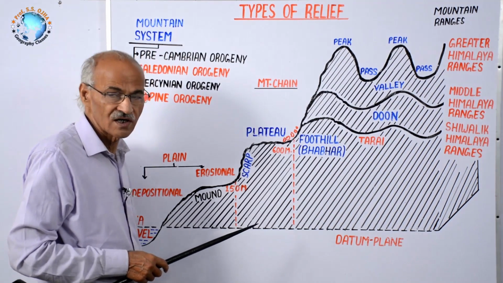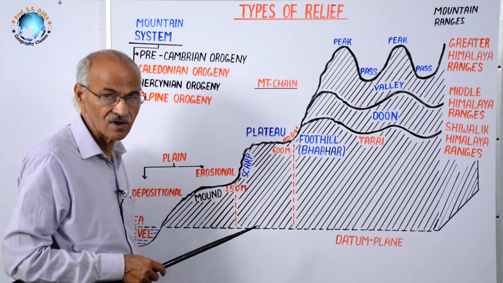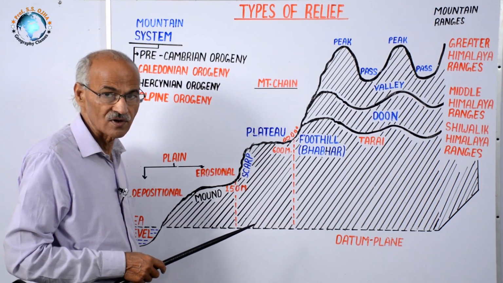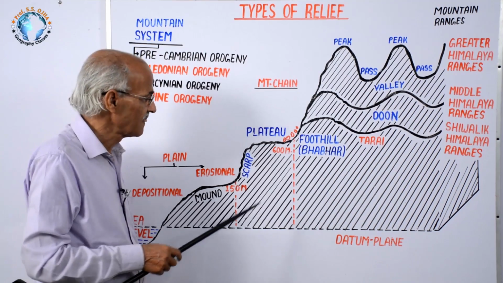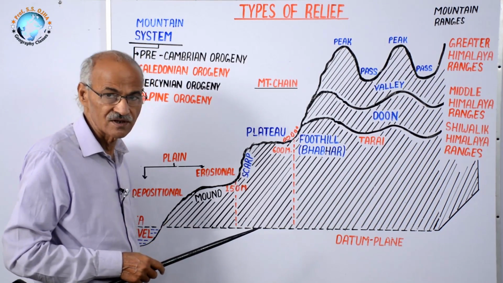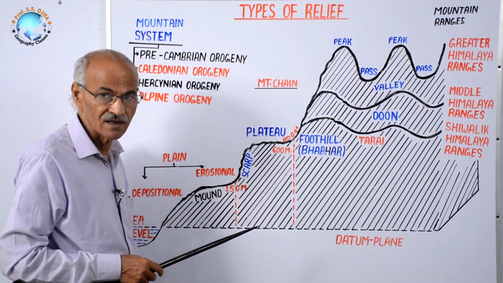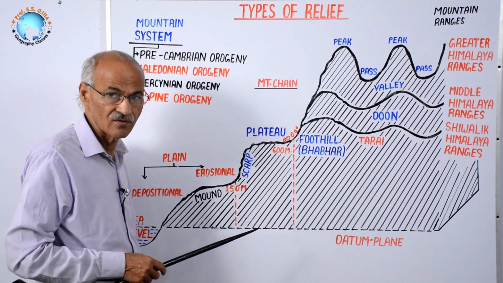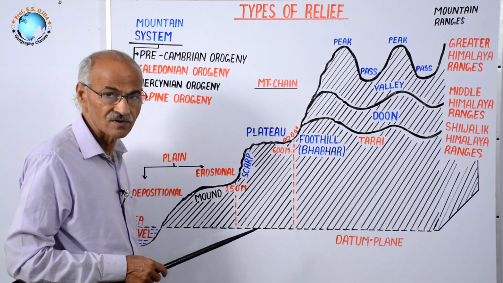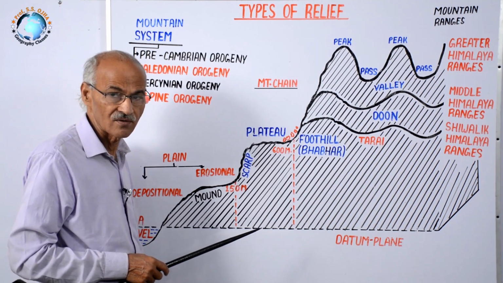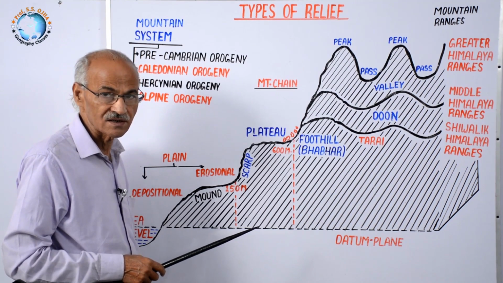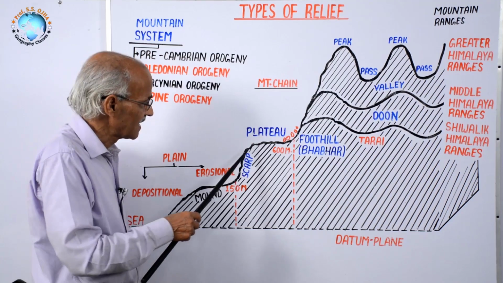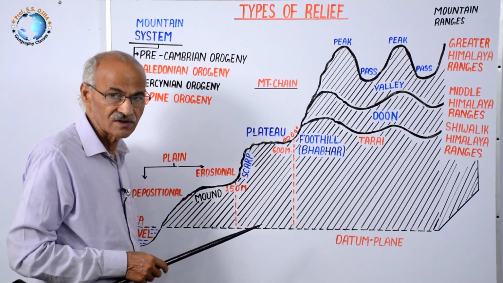Endogenic force did not leave Angara and Gondwana land alone, rather broke them again. That's why a number of plateaus came into existence like the Canadian plateau, Brazil plateau, Patagonia plateau, Siberian plateau, Deccan plateau. Africa largely consists of plateau.